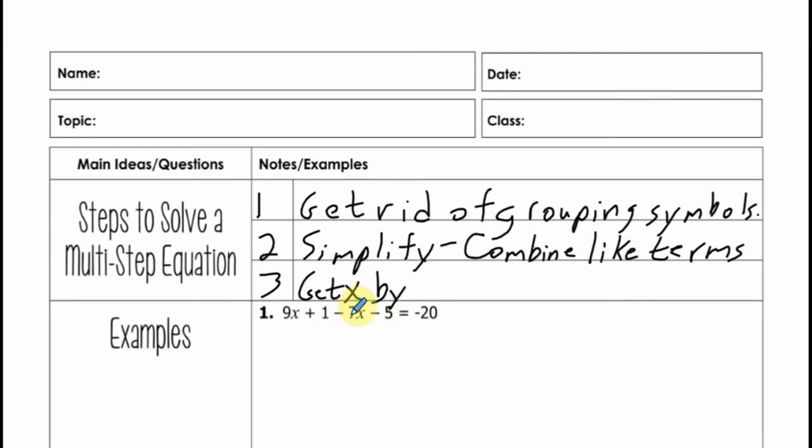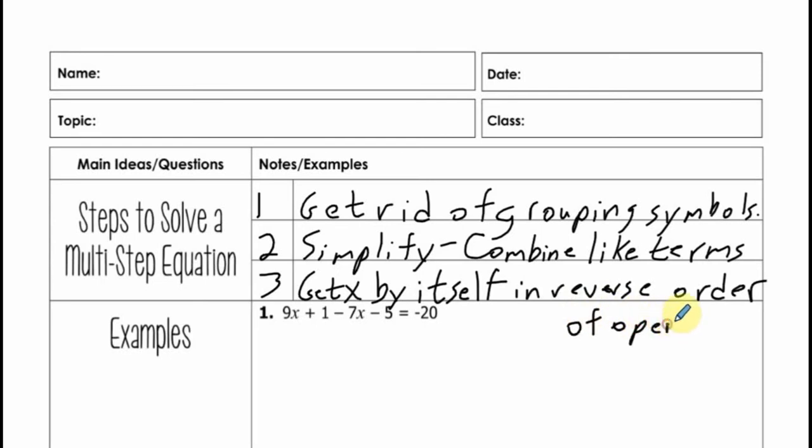Doesn't have to be x, it can be any variable. Get x by itself in the reverse order of operations.